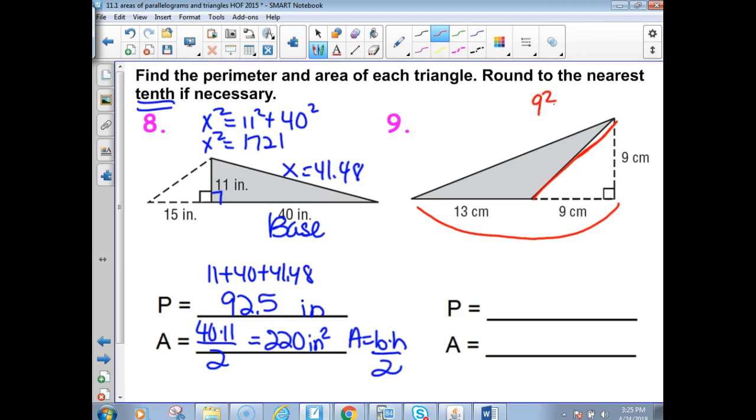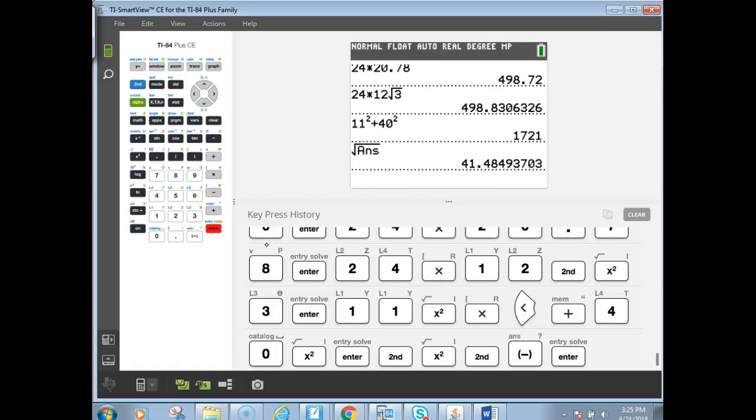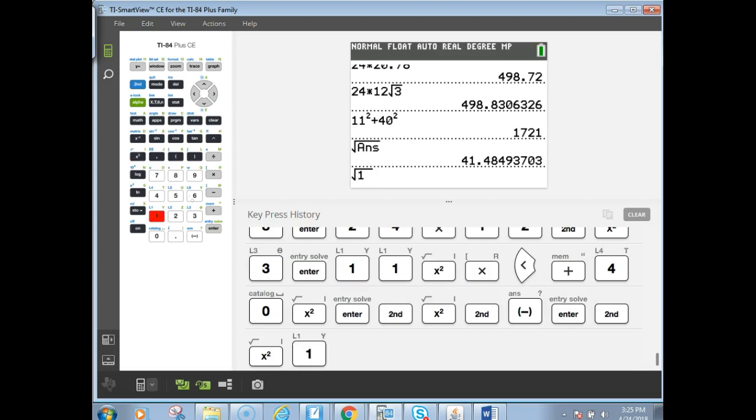So 9 squared plus 9 squared, if I want to find this piece. That's 81 plus 81, 162. Take the square root. Square root of 162. Ugh. Would have been nicer to write 9 root 2.